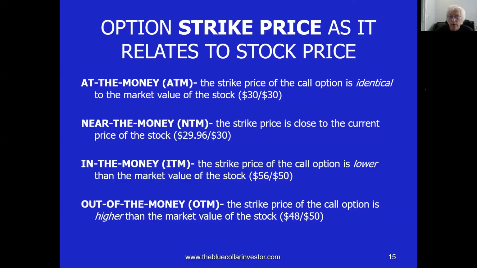One from the sale of the option, and the second from share appreciation from current market value, in this case 48, up to the out-of-the-money strike price, in this case 50. And that's why out-of-the-money strikes are the most popular. But they're not always the correct strike to use, and that will be addressed later on in the tutorial.